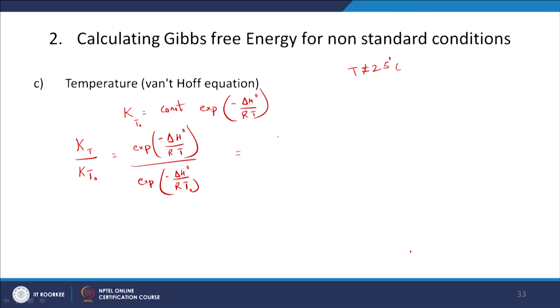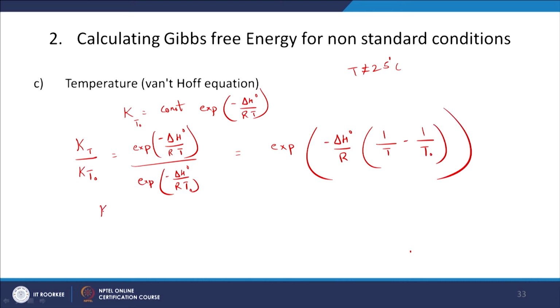So what will that translate into now? Exponential of, if I take out minus delta H naught by R as being common, that is going to be 1 by T minus 1 by T naught, right.